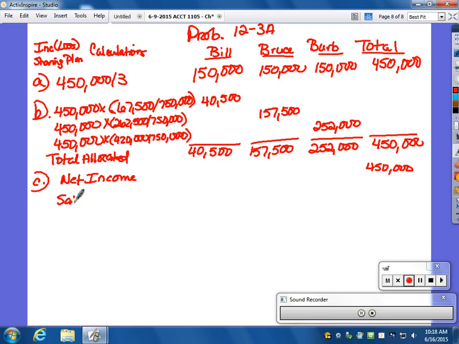So they get salary allowances: 80,000 to Bill, 60,000 to Bruce, 90,000 to Barb, which equal how much when you add all three of those together? 230,000. Thank you. Subtract that from 450,000 net income.